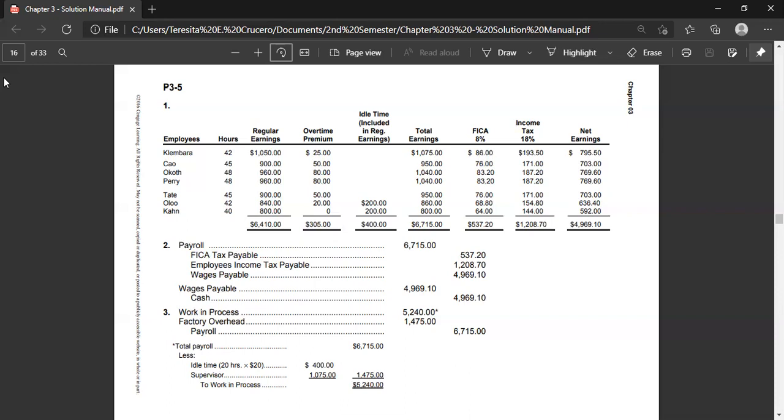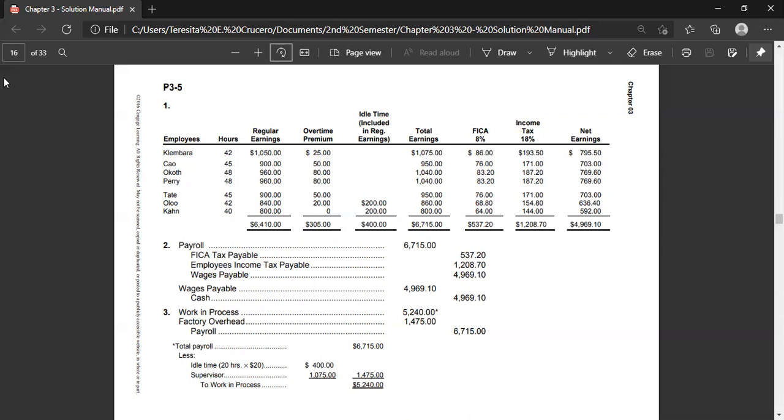Actually, the employee gets time and a half for overtime hours. So, in other words, for the basic of 25, she gets 12.50. I'm now referring to Klimbara. If she works 42 hours, she gets an overtime of 2 hours.